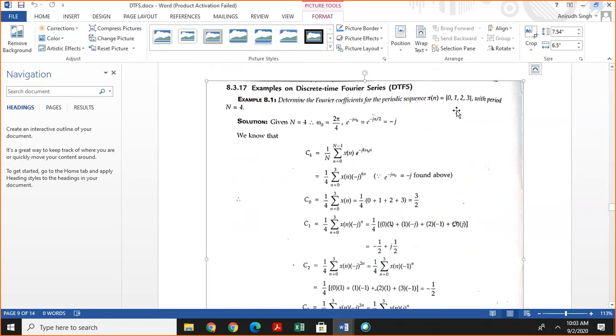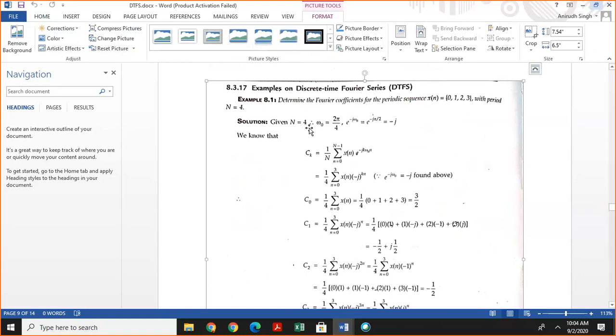When n is equal to 1, magnitude is 1. When n is equal to 2, 2, and n equal to 3, 3, so 0, 1, 2 and 3. The period is 4, because the Fourier coefficients of DTFS are also periodic, and the period of these coefficients is given by N equal to 4.